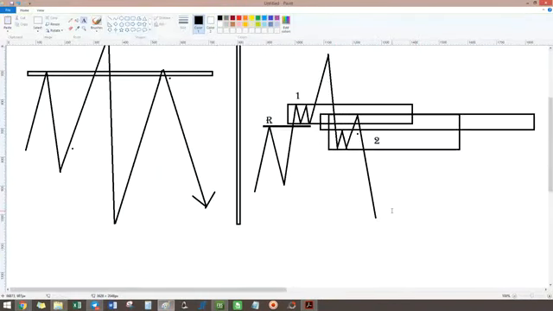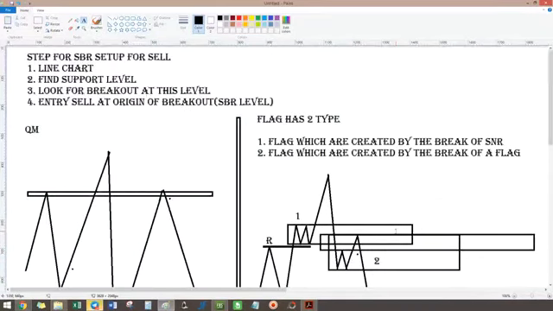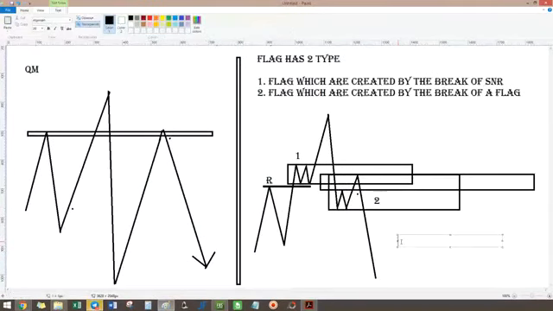Okay, so to make it a valid maximum pain, a valid MPL, price at number 2 must retrace in FL1.